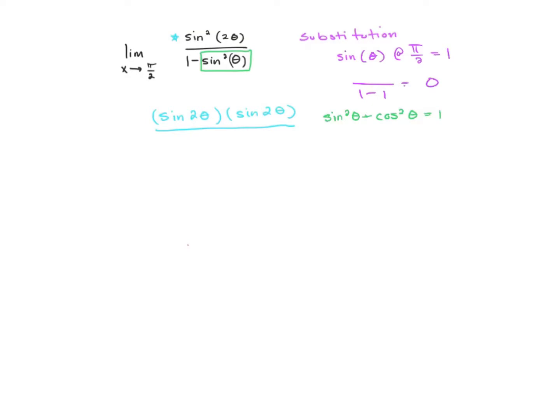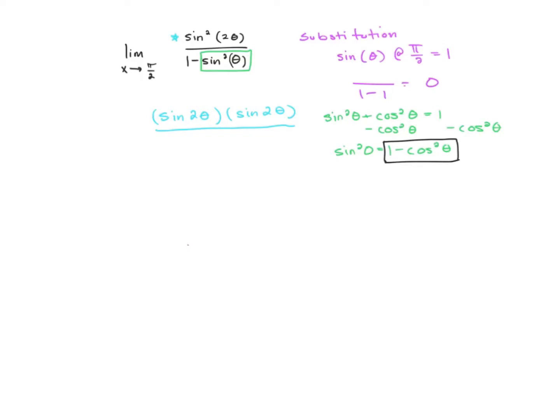And if we subtract cosine squared theta from both sides, we actually end up with sine squared theta is equal to 1 minus cosine squared theta. So we could use this piece to replace our sine squared theta.